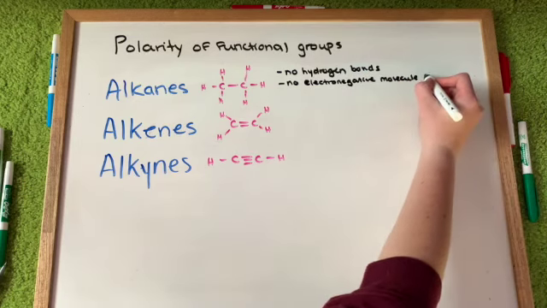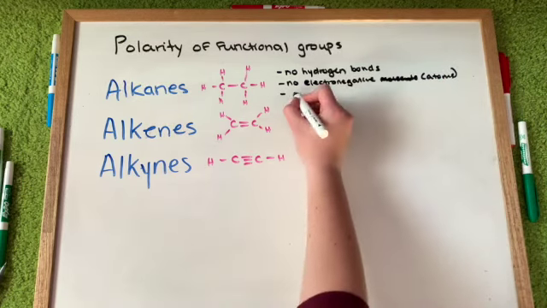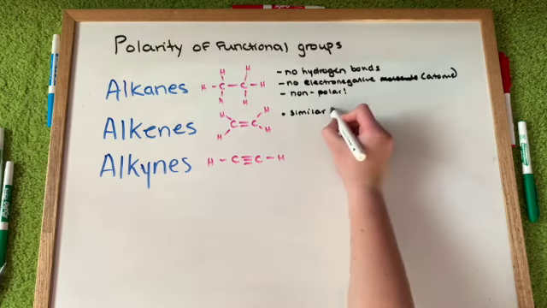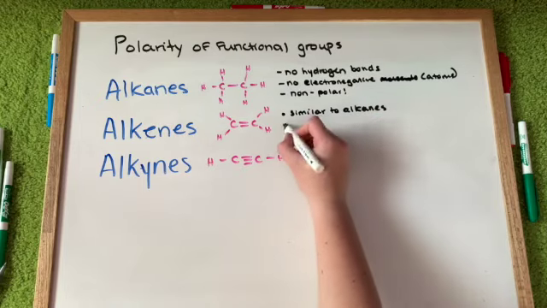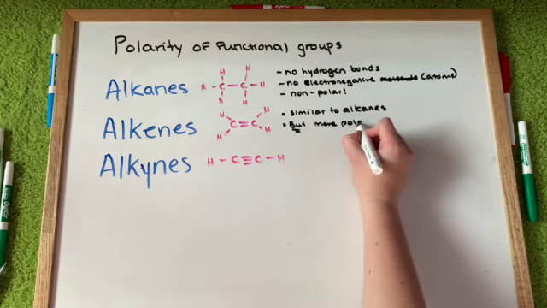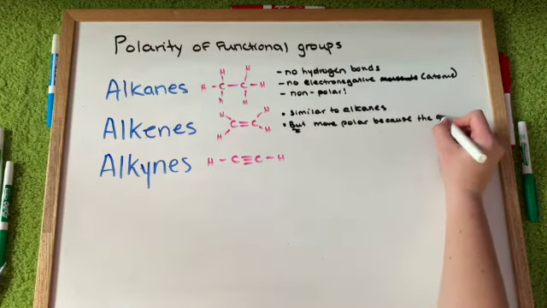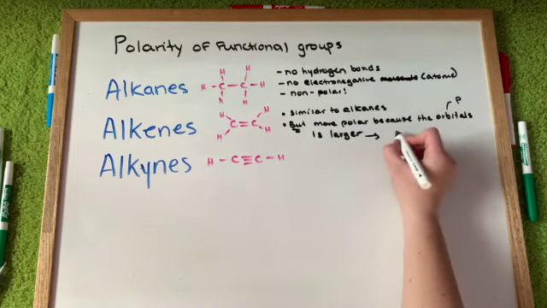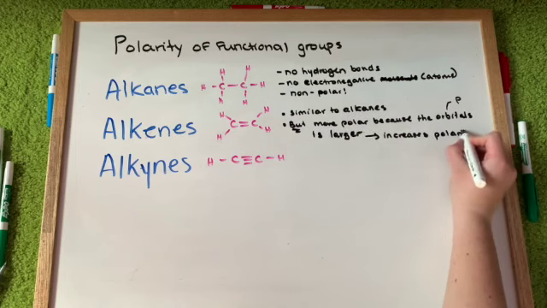There are no electronegative atoms there, and it's a nonpolar molecule. Alkenes are similar to the alkanes, but they do have the double bond there, which makes them more polar as a result of their orbitals, specifically their p orbital being larger.